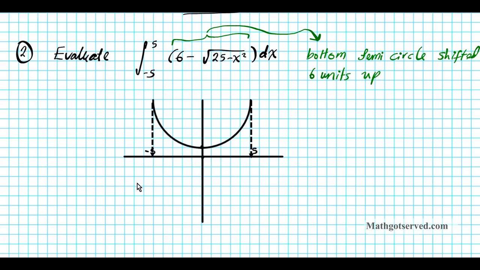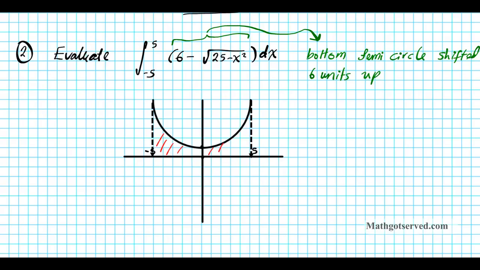So you can clearly see that this is an easy geometry problem. We can visualize this as the difference between the area of a rectangle and the area of a semicircle. So this is what we're looking for here, this area down here.